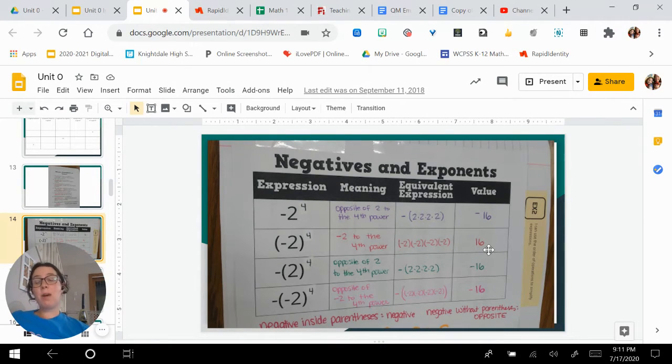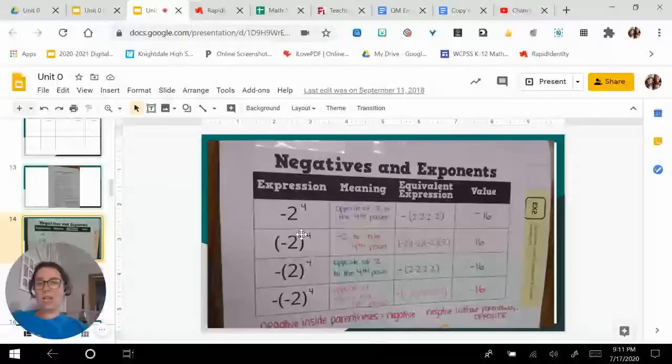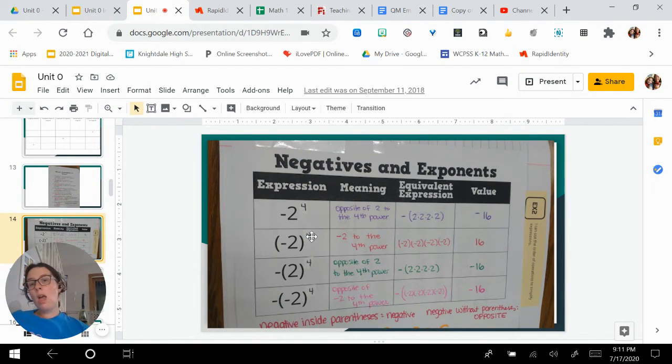So this time I get positive 16. Whenever you have parentheses around your negative number and you have exponents, your answer is going to come out to be positive because my exponent here is an even number. Now let's say if this was a 3, so negative 2 to the third, that will end up being negative 8 because 3 is an odd number.